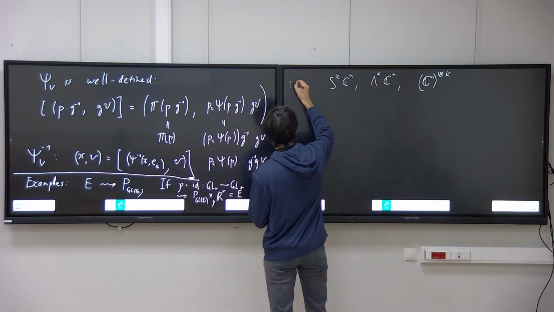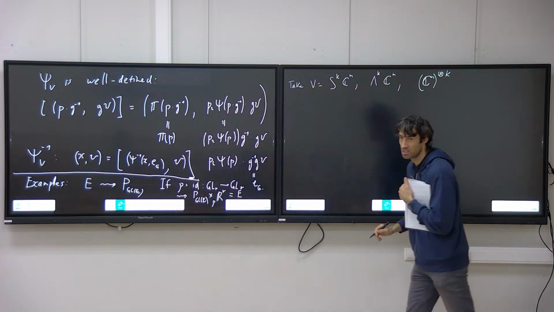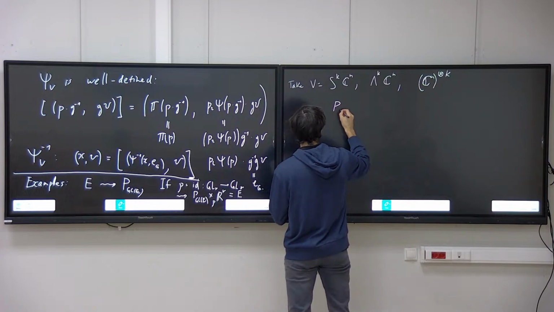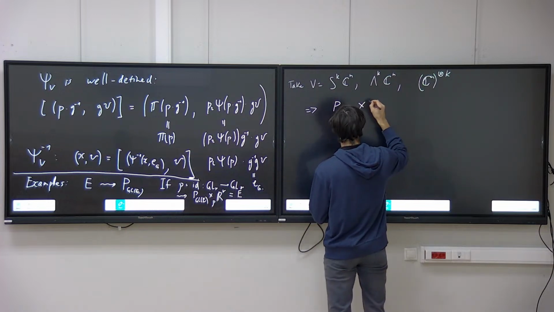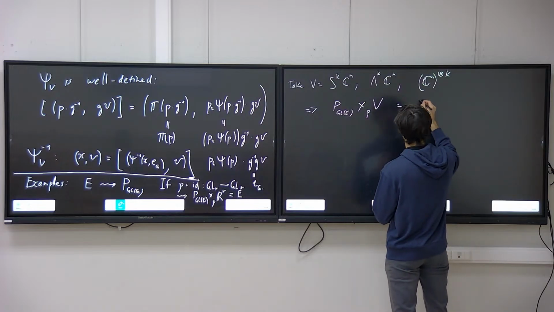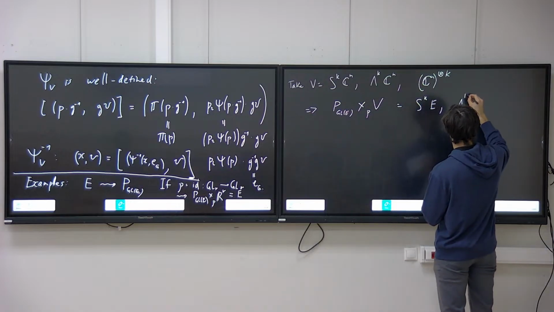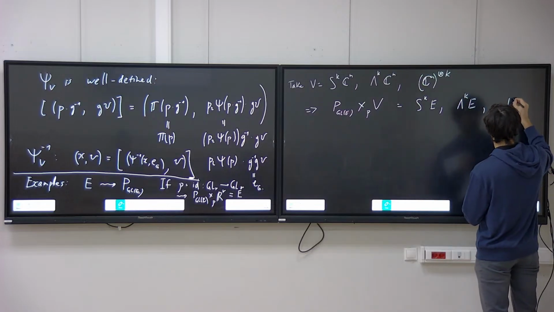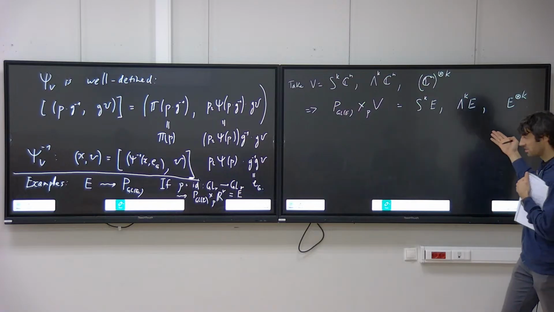Take V to be these. Then what we get is P times_rho V, which will be the symmetric power of E, exterior power of E, or E tensor k. All that sits inside this construction.